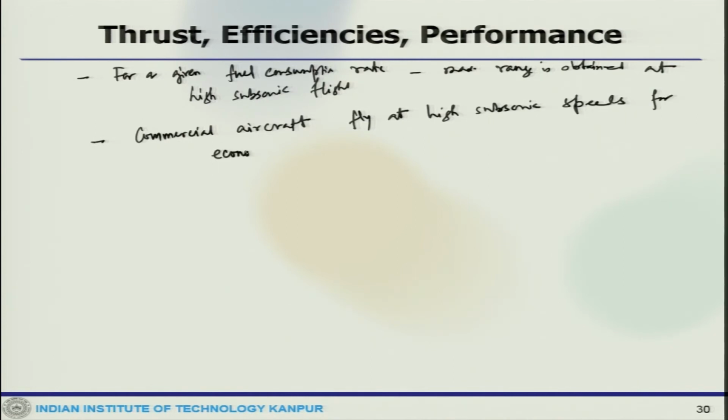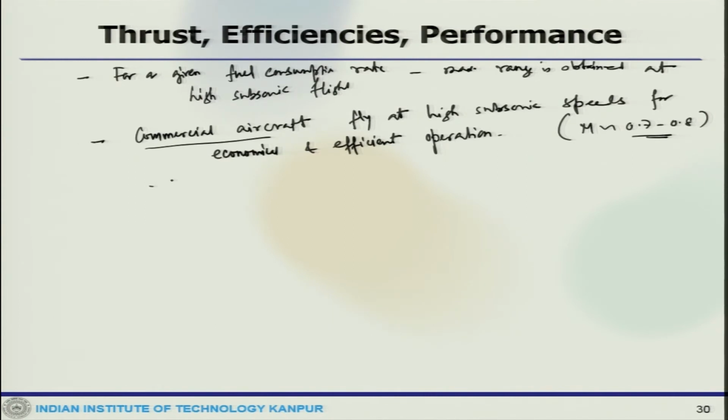One is economical, and second is efficient operations. So, this is where all our civilian commercial aircraft fly most of the time, the high subsonic. Typically they operate around Mach 0.7 to 0.8 in that range. So, this is high subsonic range.